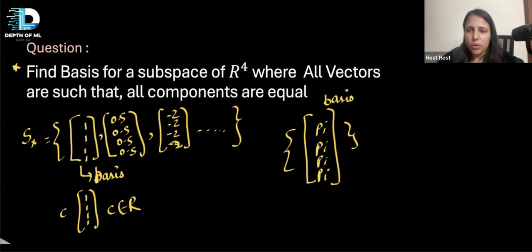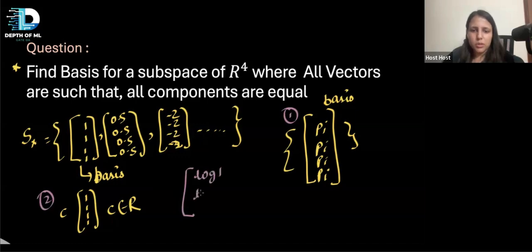Log 1, log 2, log 3, log 4. No, how will this be a basis? Log 1, log 2. Let me write it a little above. This is the first basis, this is the second basis. Log 1, log 2, log 3, log 4.